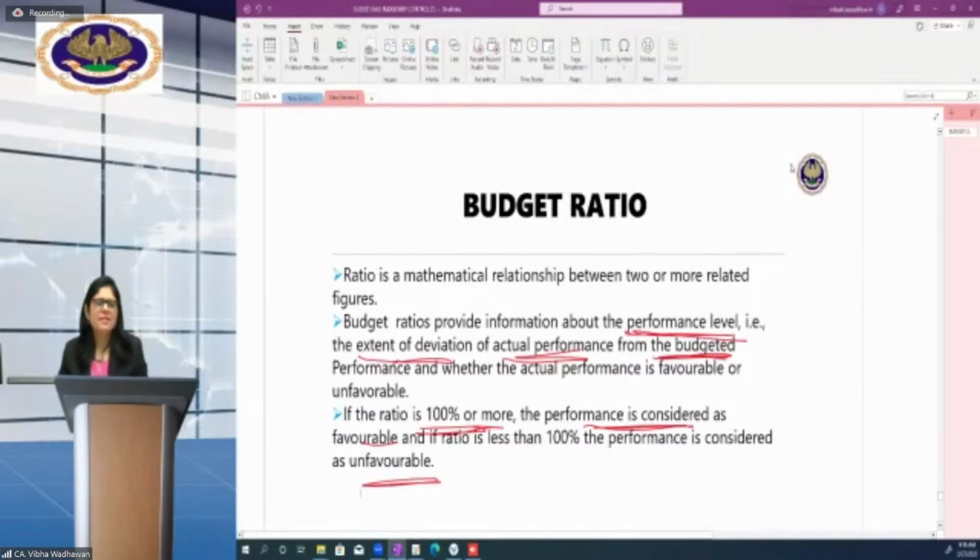Standard costing. See, standard costing is after the budget. So first we have the forecast, as I explained yesterday also. We start with the forecast, then we make the budget, and then comes the standard costing. What is the difference between budget and standard? Standards are kept with respect to actual output.